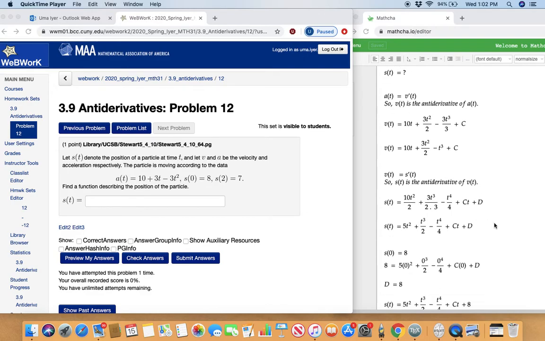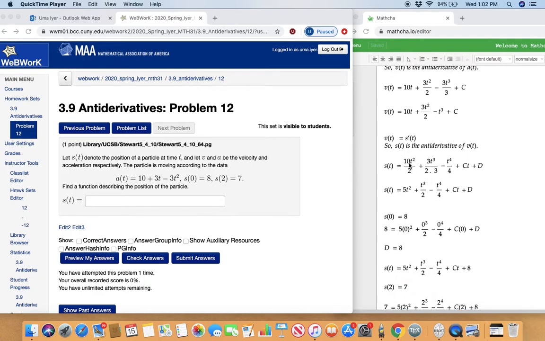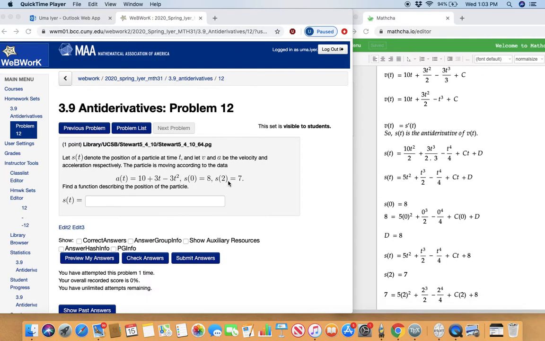All right, now simplify. 2 goes in 10 5 times. The 3s cancel, so all you have is 2 in the bottom. No cancellation, nothing. Now, we have two pieces of information. S at 0 is 8. That's a good one to use because time is 0. S at 0 is 8 means when t is 0, the result is 8.